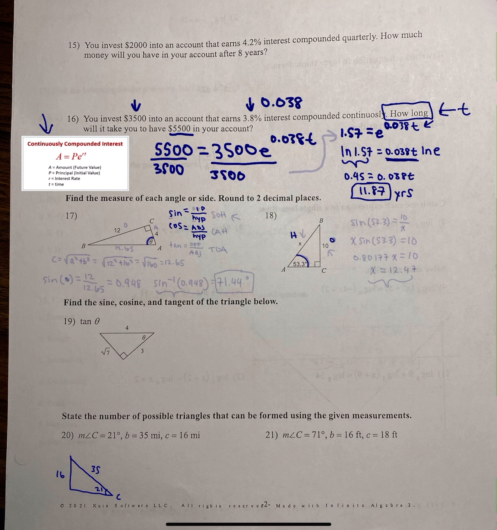And for tan, it's opposite over adjacent. You can remember that because SOH, CAH, TOA. Cosine starts with C, adjacent A, hypotenuse H, and so on. And tan is opposite over adjacent.